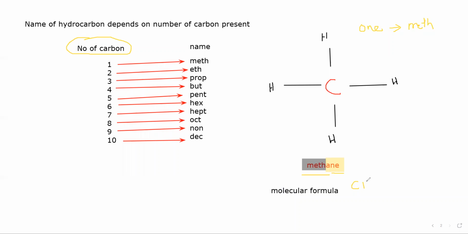So this is CH4. And what is the empirical formula? The empirical formula is the simplest ratio. 1 and 4 is already in the simplest ratio, so I cannot simplify it further. 1:4 is the ratio between carbon and hydrogen. So the empirical formula is also CH4.